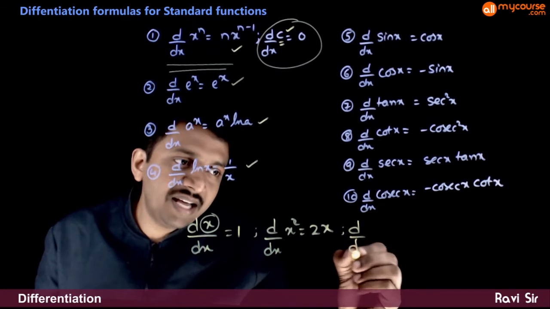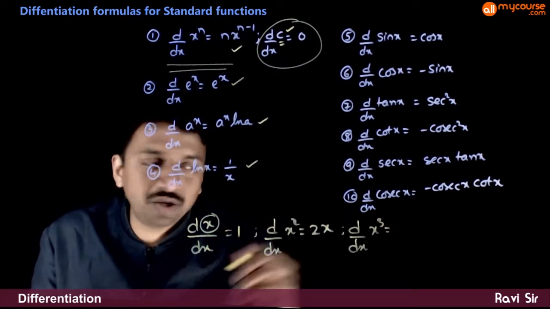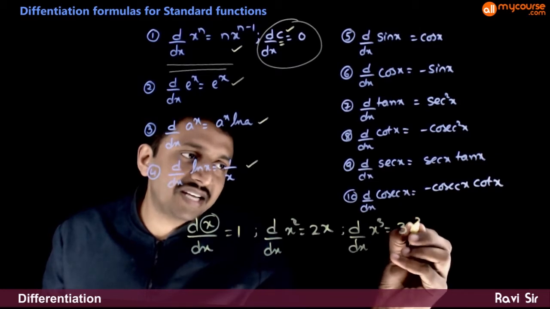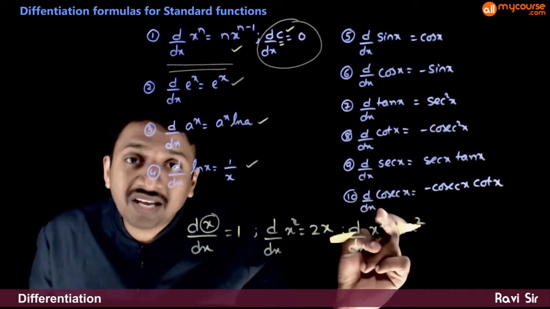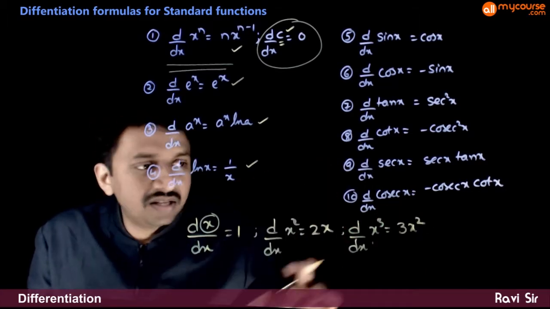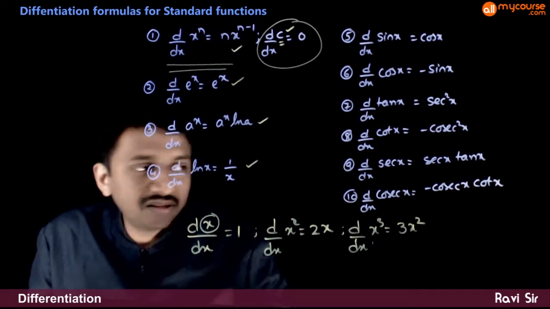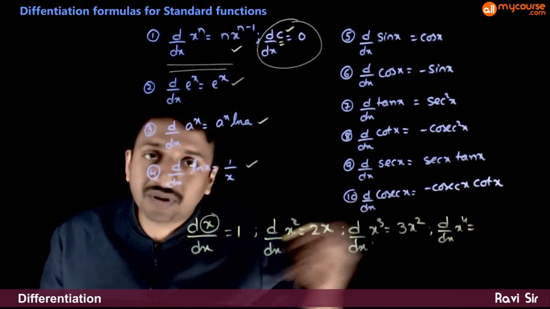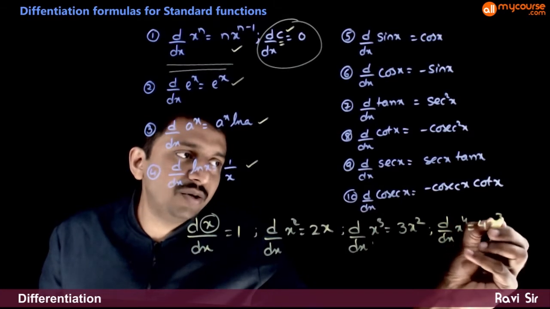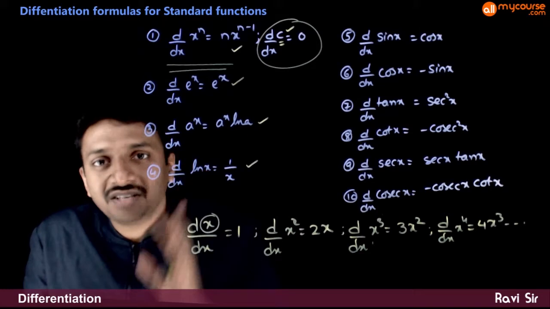Similarly, d by dx of x cube, what is this? 3 comes forward, x power 3 minus 1 is 2. So d by dx of x cube is 3x square. Similarly, d by dx of x to the power 4 is 4x cube, and so on. So this is how the polynomial differentiation works.